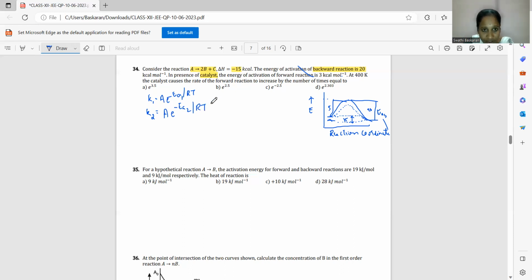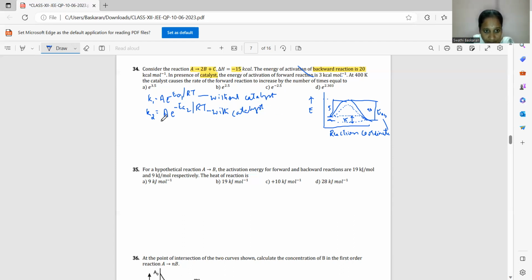Now what are these equations? The first is without catalyst, and the second one is with the catalyst.